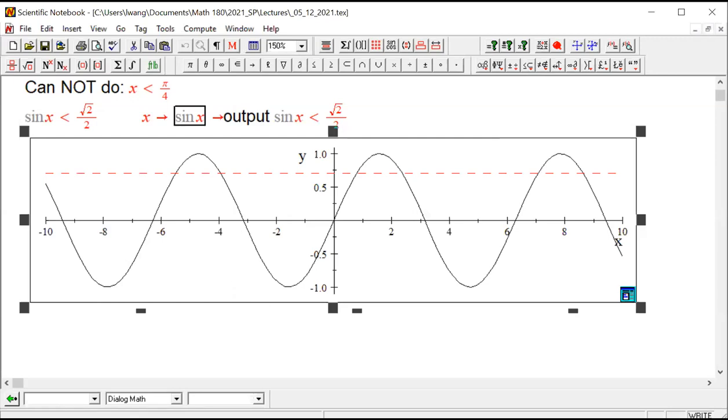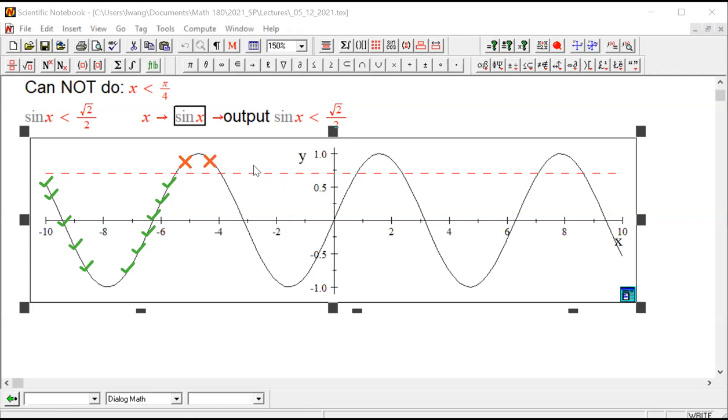So what are the pieces that will make sine of x less than root 2 over 2? Where do we find such points? You look at that piece. This piece is less than root 2 over 2 because that's the output. So all these pieces are related. What piece should be out?